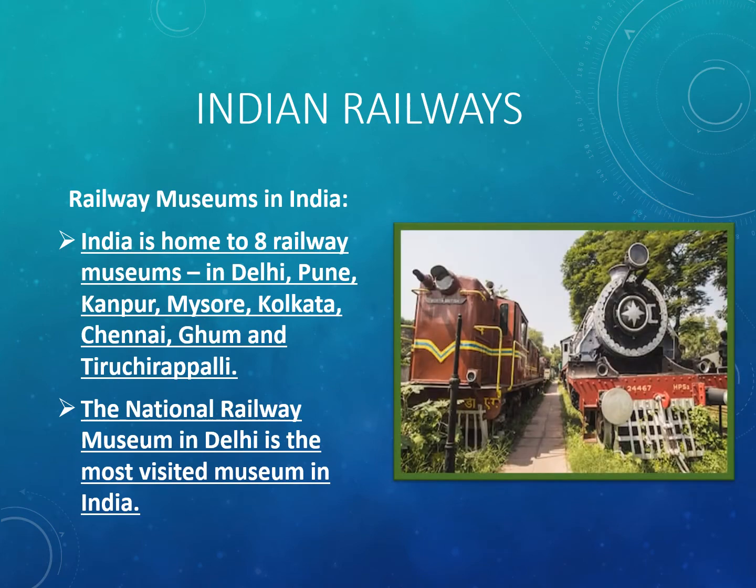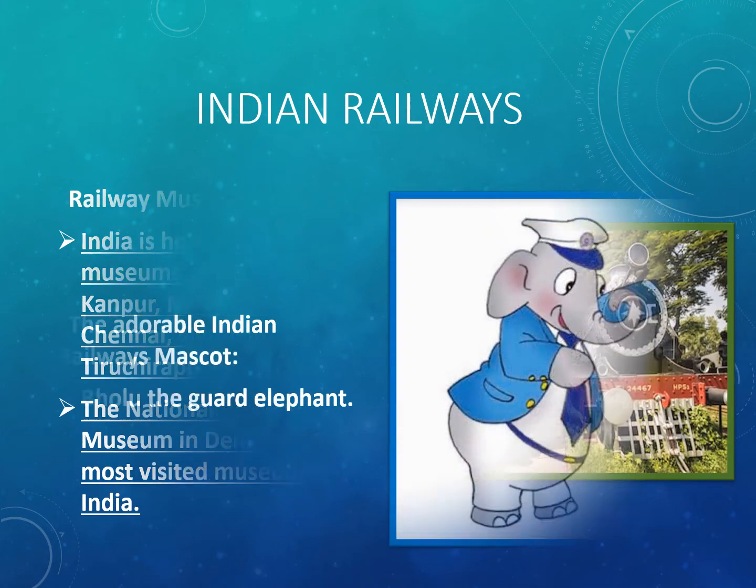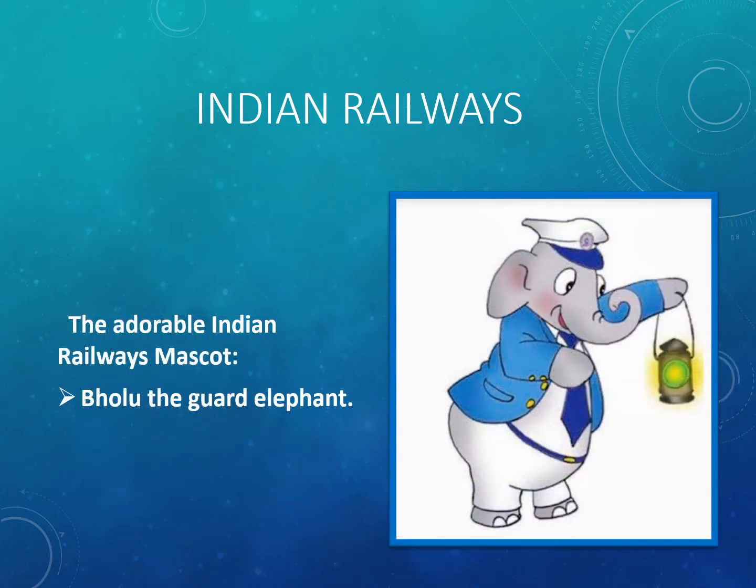This picture shows 2 attraction points of National Railway Museum in Delhi. And this is Bholu, the guard elephant, the adorable Indian Railways mascot. Bholu, the guard elephant, is the mascot of the Indian Railways.